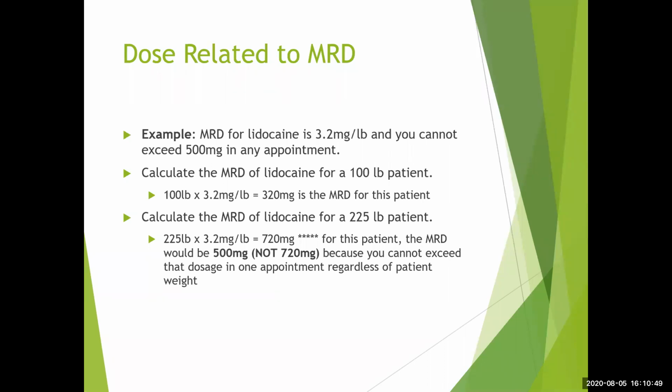So the problem here is that even though that's the MRD based on weight, it exceeds this 500 milligram absolute MRD. So you have to take the lower of those two, otherwise you risk overdosing your patient. So for this patient, even though based on weight it's 720 milligrams, the MRD for this patient is 500 milligrams because nobody gets more than 500 milligrams of lidocaine. That's the absolute MRD.